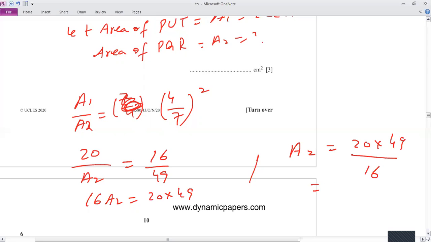Check again. 61.25, I'm getting the same answer. If we are both getting the same answer, then it's correct. It is 61.25.